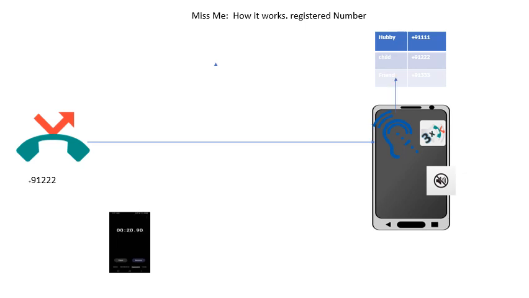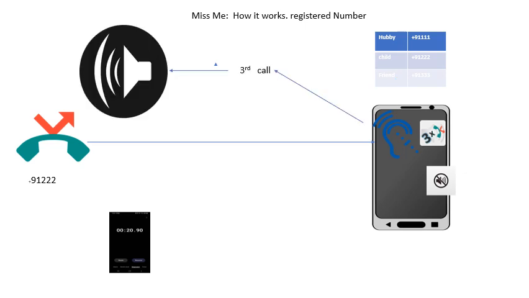And let's take the time duration of the 20th second, the third call is made. The Miss Me app again checks the database and goes to a state called third call, and it knows that now three calls have been received within 30 seconds, and therefore it will increase the volume to maximum. So this is how the background service works.